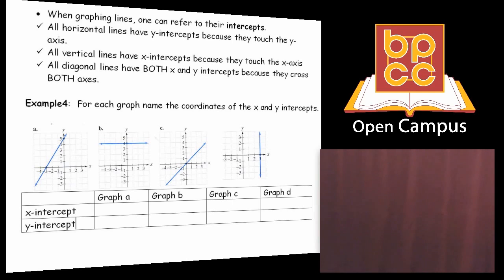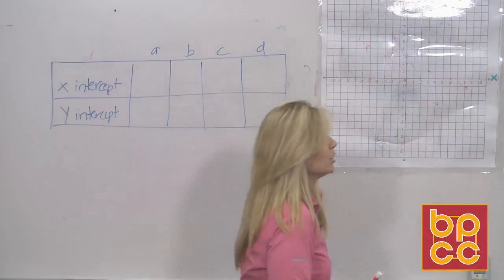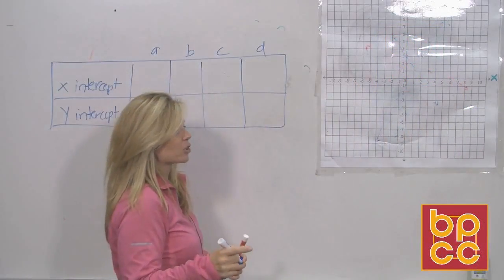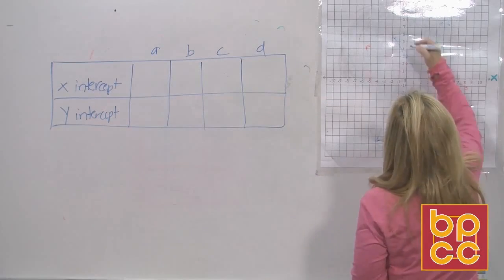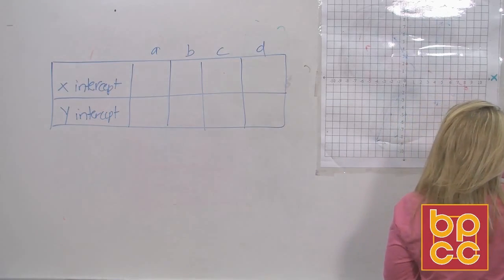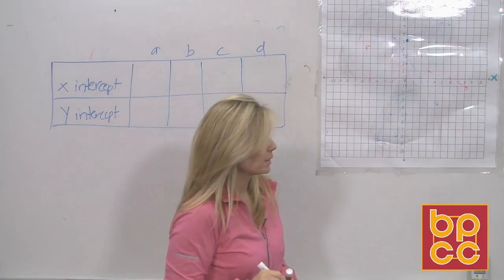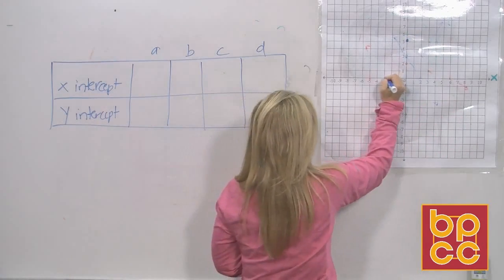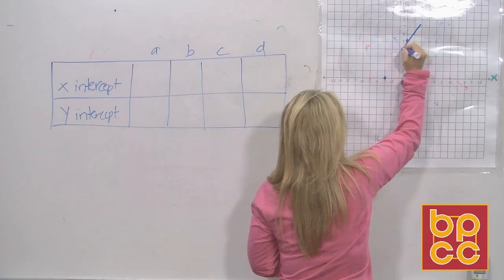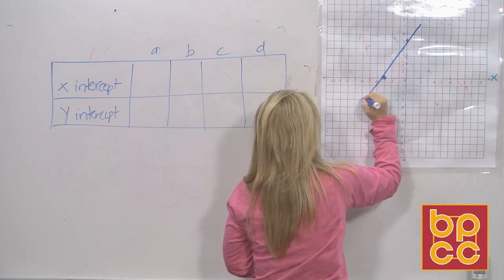So the easiest way for me to do this is we're going to go back to the whiteboard. All right. Let me get the whiteboard. All right. So if you look at the first picture of that diagonal line, they have a point plotted on the y-axis at 5, and they have a point plotted on the x-axis at -3. And that's making a diagonal line.